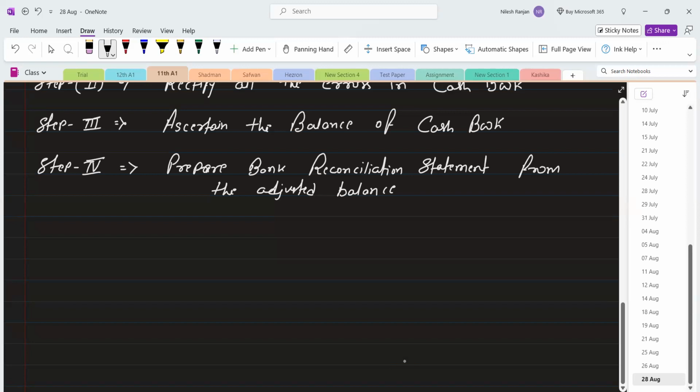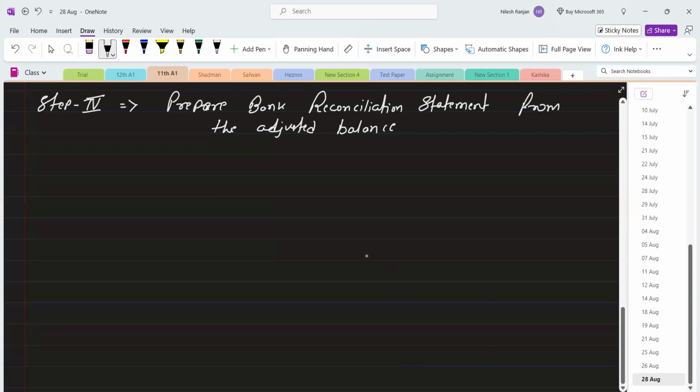So first of all, any mistake which is done in passbook, any items which are omitted in passbook will be adjusted through bank reconciliation statement, or any mistake or omission done in cash book will be written in cash book. Like bank charge debited by bank. So it is a transaction which is done by bank.